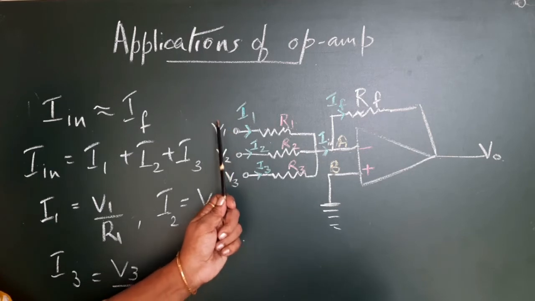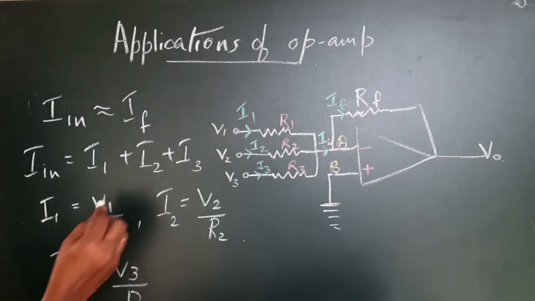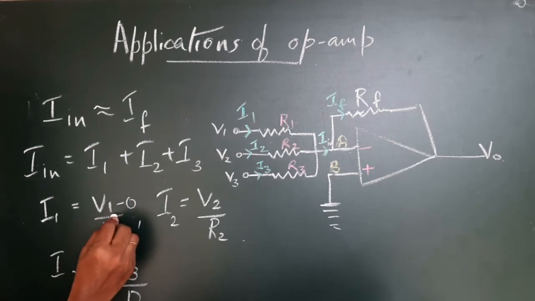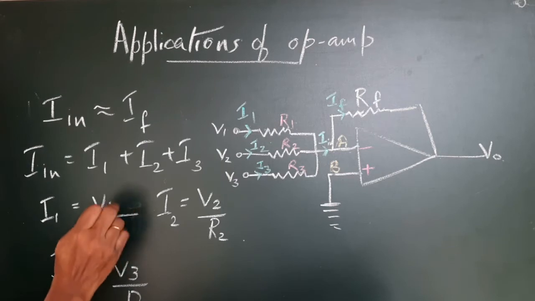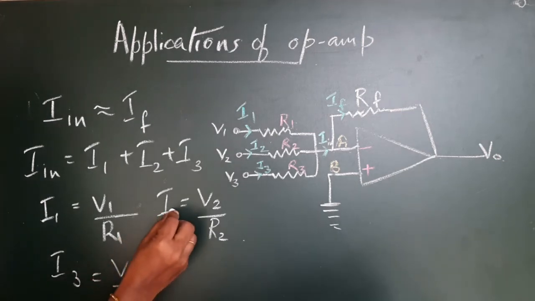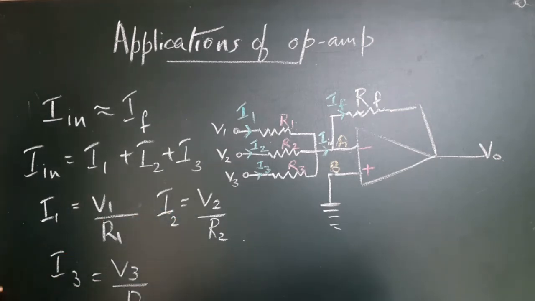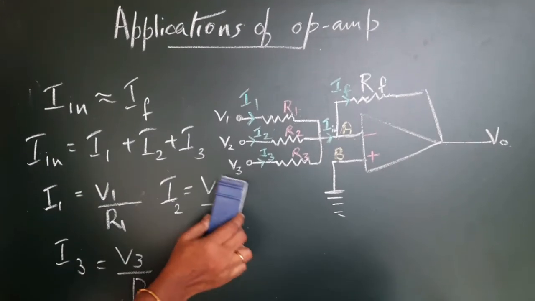So it is V1 minus 0 by R1. That is the correct representation, but we have avoided this and written it as V1 by R1. So hope it is clear. That is how these relations have come. So we will use these expressions for this equation.